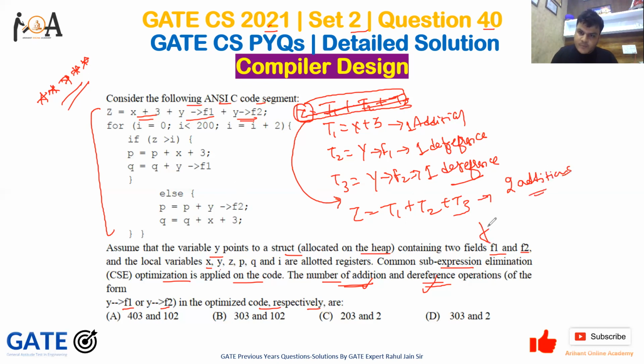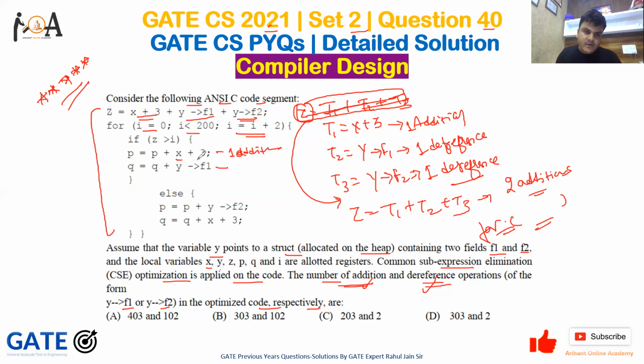And now the for loop is started. In this for loop, if you observe, i equals 0, i is less than 200, and i equals i plus 2. So in this for loop, one addition operation is there. And in this, how is one addition operation there?